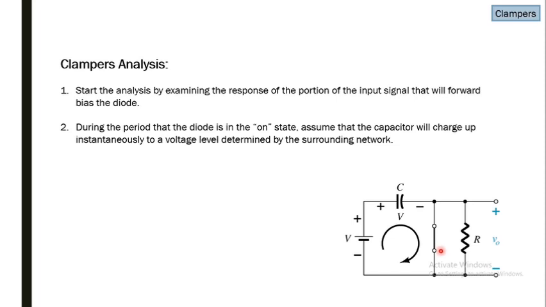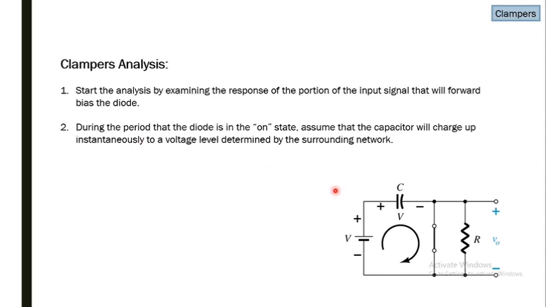This point says that for the portion of the signal where we turn on the diode, the capacitor will be charged up to the maximum voltage level determined by the surrounding network, or it will be charged instantaneously.